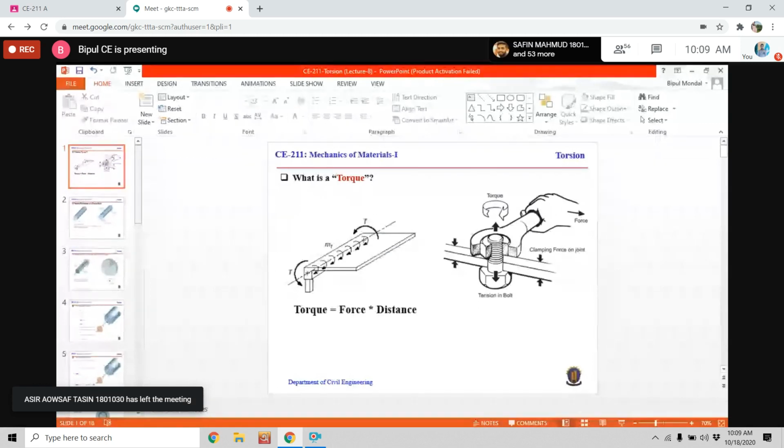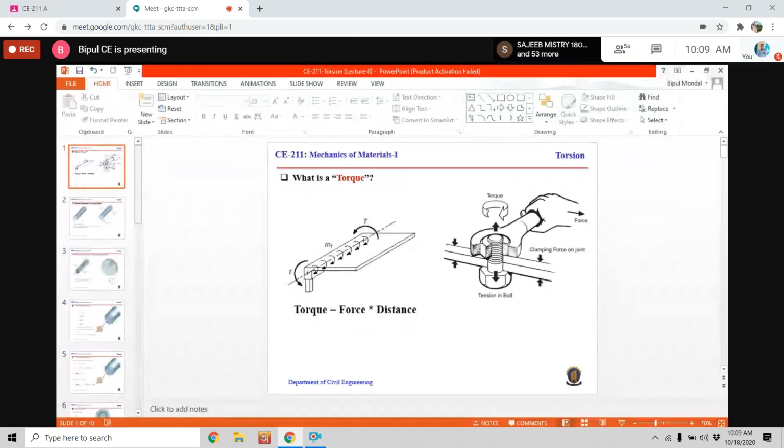Okay. So first of all, we should learn what is a torque. Torsion means it is a phenomenon when a structure or a body is subjected to a force, torque. That phenomenon is known as torsion.